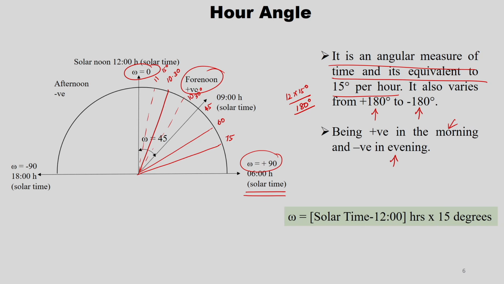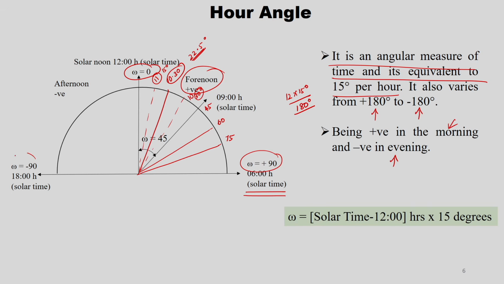If we want to calculate 10:30, at 11 it is 15, at 10 it is 30, so at 10:30 it is 22.5 degrees. In this way forenoon is calculated as positive.